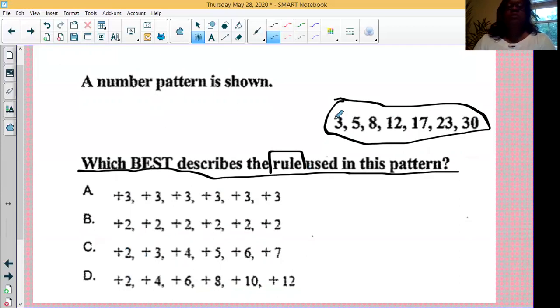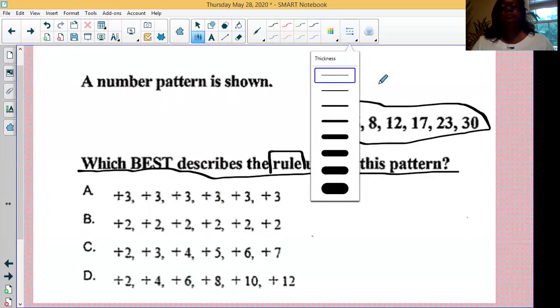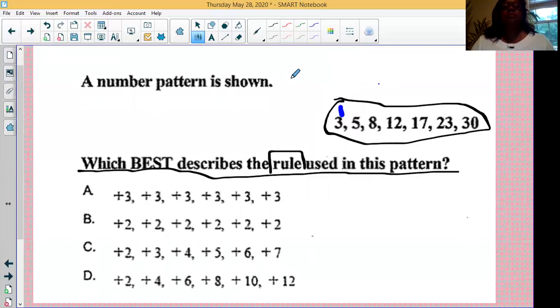Okay. So when you look at 3 to 5, how much more is 5 than 3? Okay, you're exactly right. It's 2 more. So let's put a plus 2 right here. So from 3 to 5 would be plus 2. So please write that on your paper.